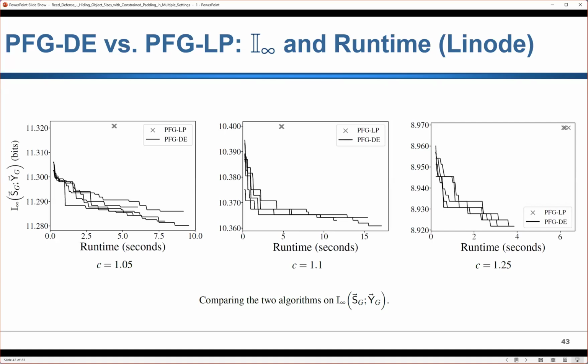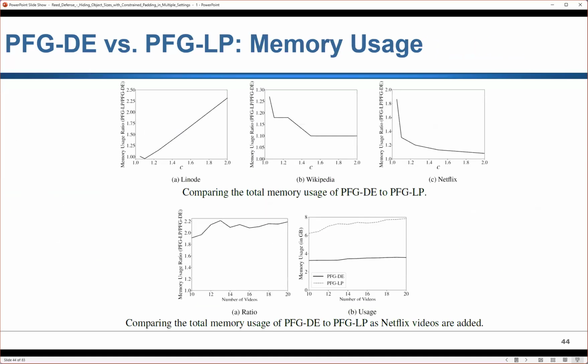Our main intent here was to design an algorithm that is faster and more efficient than the LP. And so as part of that efficiency, we also evaluated how much more memory the linear program requires than differential evolution. Along the top here, we have those plotted as ratios, and we see that in some cases, the LP requires almost, if not more than twice as much memory than the differential evolution solution.